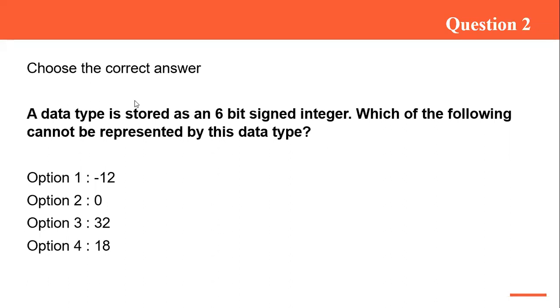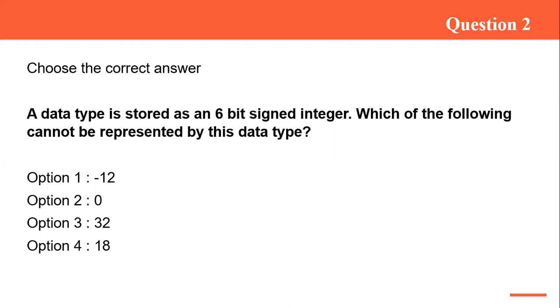See the question carefully. A data type is stored as a 6-bit signed integer. Which of the following cannot be represented by the data type? One small thing, before answering, tell me, signed integer means what?